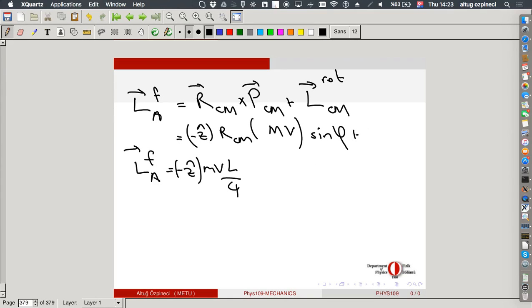And for the rotational motion, we have the moment of inertia of my system as a whole through the center of mass times omega. Plus I center of mass. What is the direction of omega?